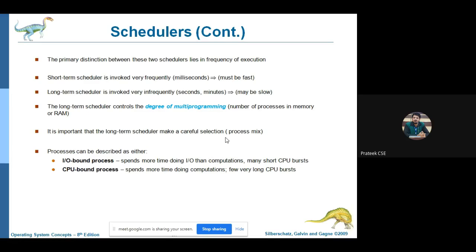And if we talk about the difference between these two schedulers, as the name suggests, short-term scheduler, short term means very less time. So short-term scheduler को बहुत जल्दी जल्दी execute होना पड़ेगा, बहुत जल्दी जल्दी RAM में से एक process को choose करके CPU को देना पड़ेगा.